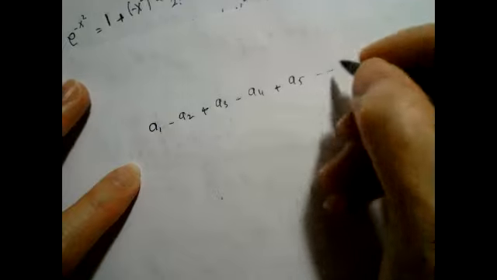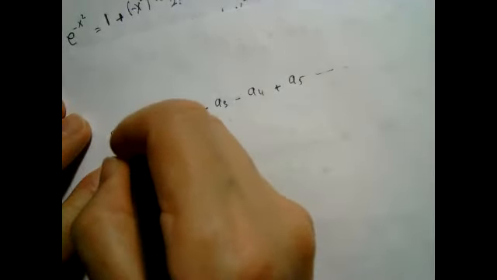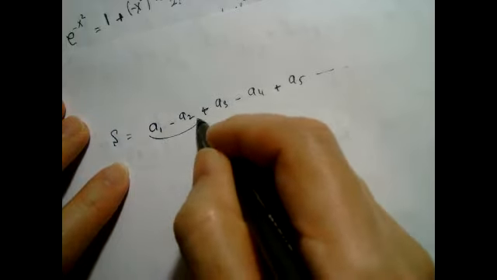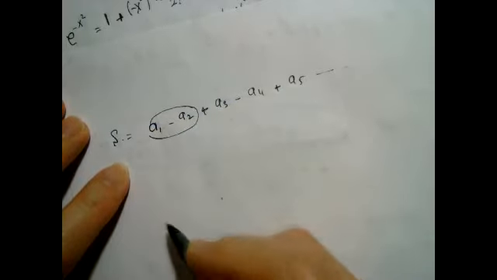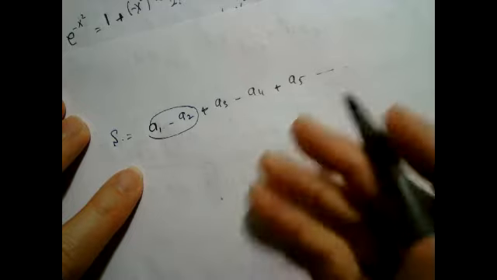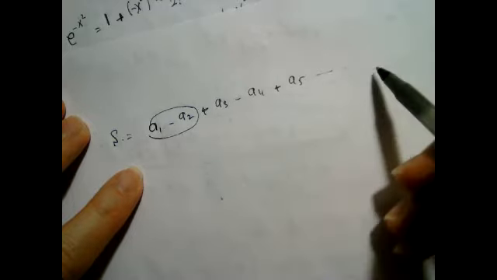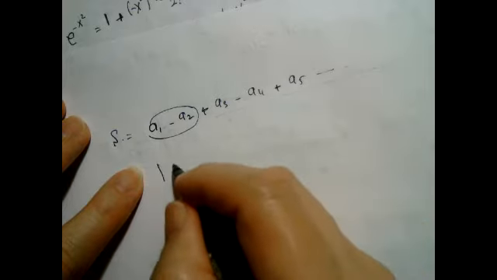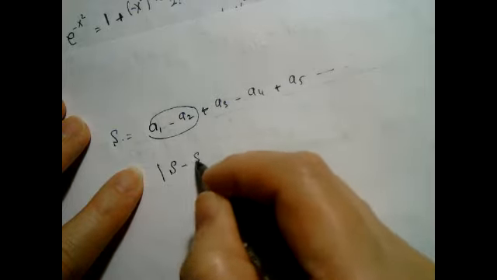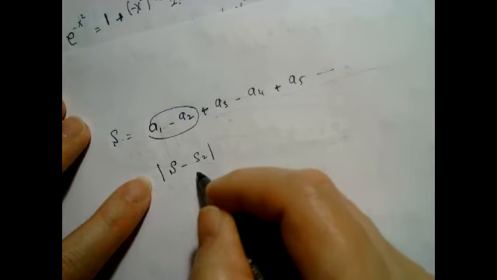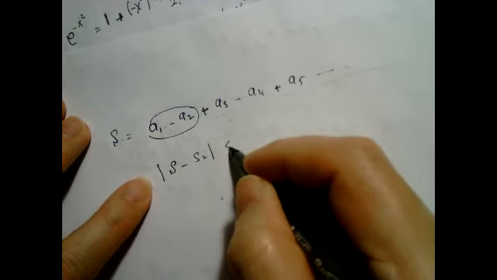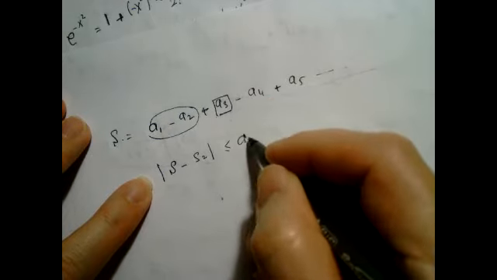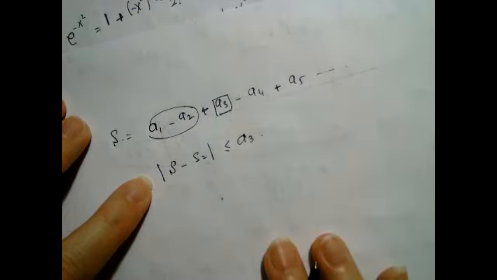Okay, that's my series. If you use the first two terms to estimate the actual value, you don't get the actual value because there are a lot of terms which are left. The alternating property tells me that if you use the first two terms, there is an error, and the error is less than the term that comes after that, A3.